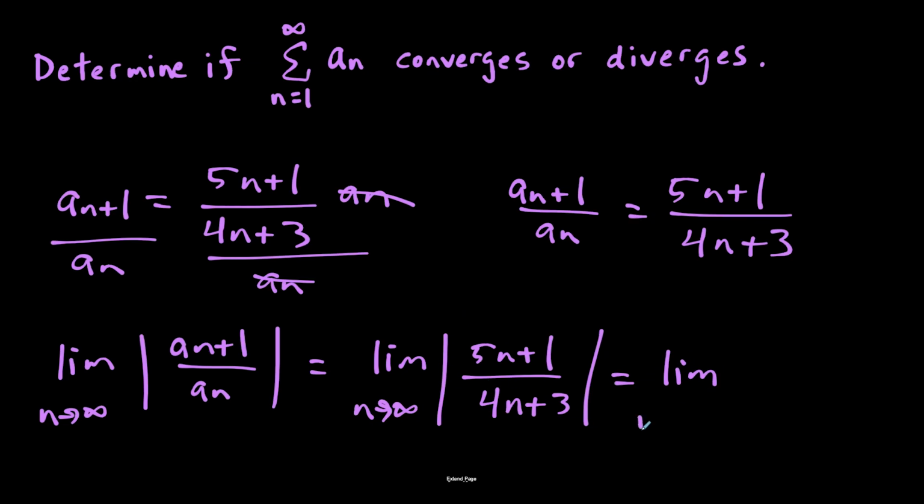So if we really wanted to show every gritty step here, this would be equal to the limit as n goes to infinity of 5n plus 1 over 4n plus 3. But note, when we find this limit, we have n to the first versus n to the first. So the limit as n goes to infinity is just the ratio of their coefficients, which would be 5/4. And one comment we can make about 5/4 is this is a fraction that's greater than 1.